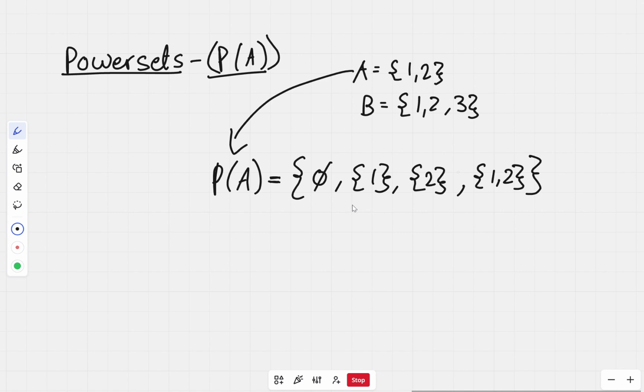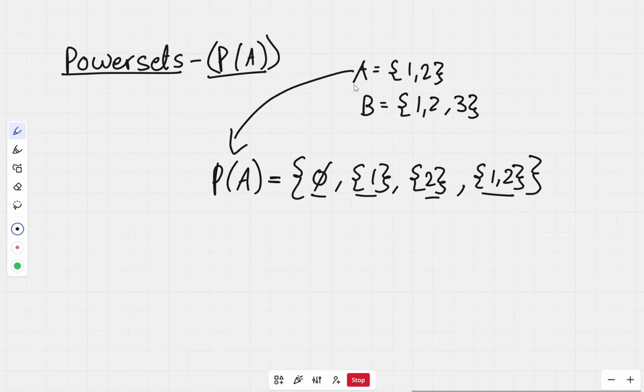We need only subsets. These are the total possible subsets of A, and they are known as the power set of A. The power set of A contains 4 elements: phi, {1}, {2} and {1, 2}. So these are the elements of the power set of A.